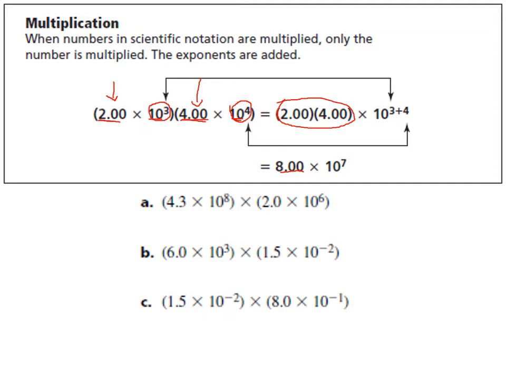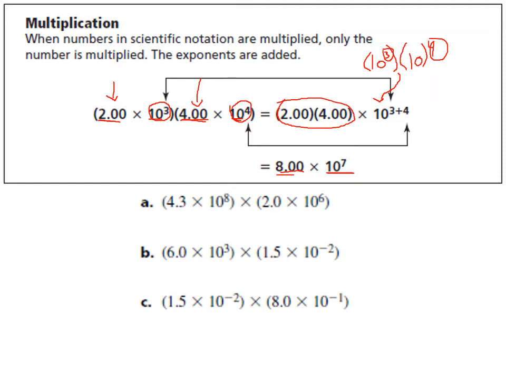So 10 to the power of 3 multiplied by 10 to the power of 4 is actually 10 to the power of 3 plus 4. You're just adding the exponents up. And so you get 10 to the power of 7. So your final answer is now 8.00 times 10 to the power of 7.